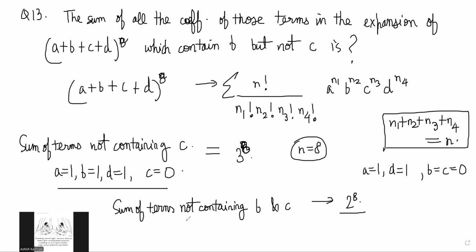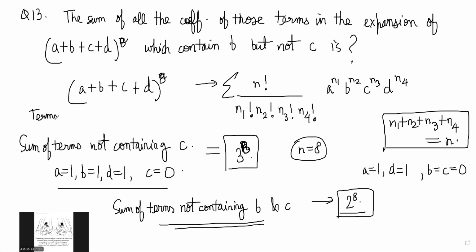So the terms that don't have both b and c add up to 2 power 8 in coefficients, and the terms which don't have c add up to 3 power 8. So therefore, subtracting these two, you will get terms with b but not c. And that will be basically 3 power 8 minus 2 power 8.